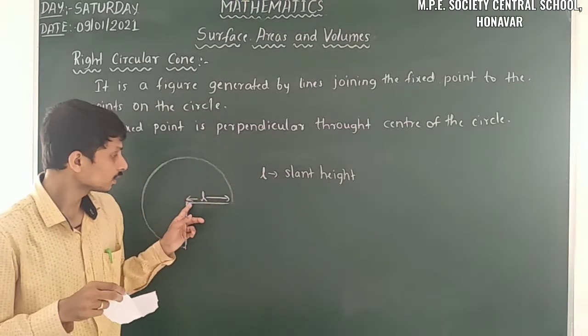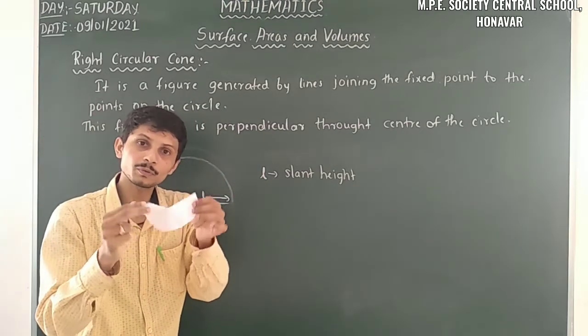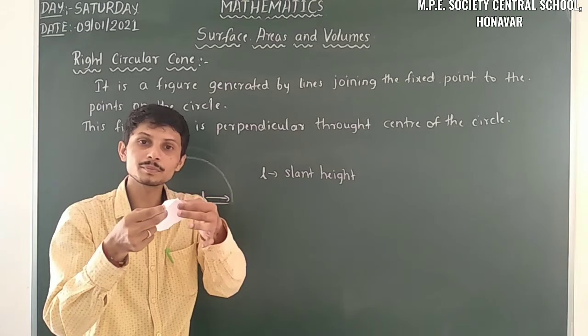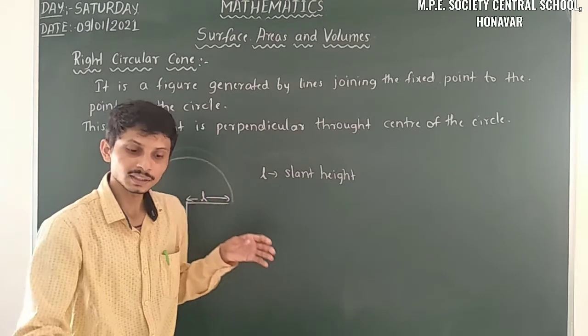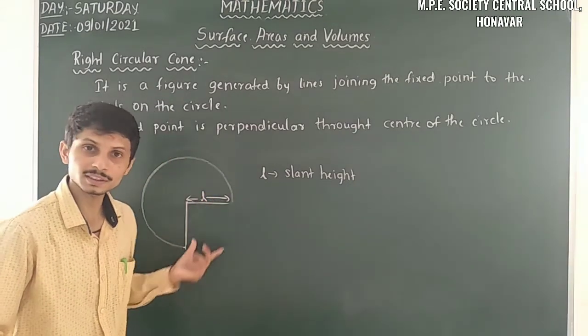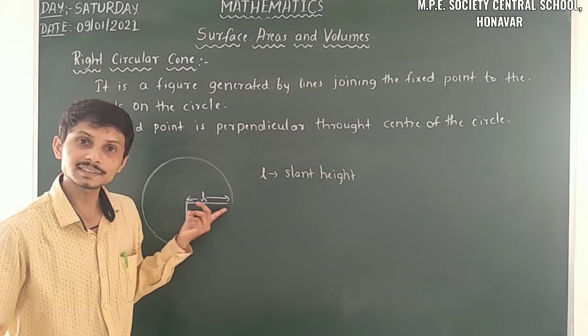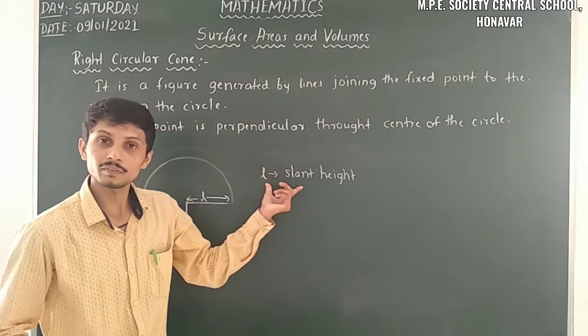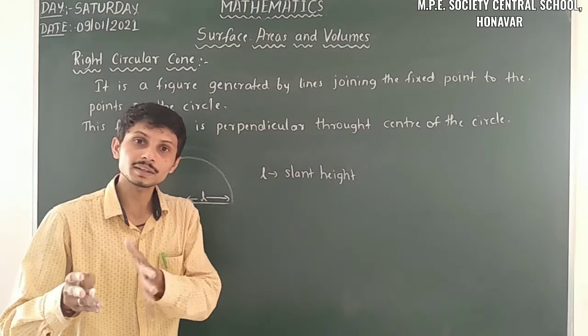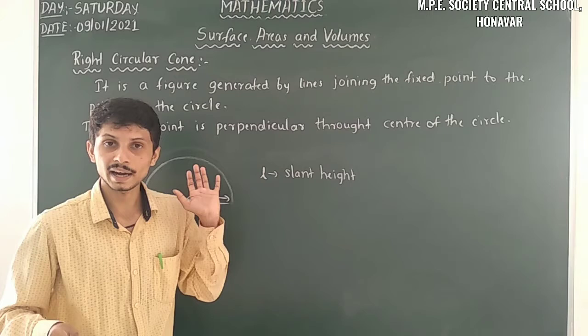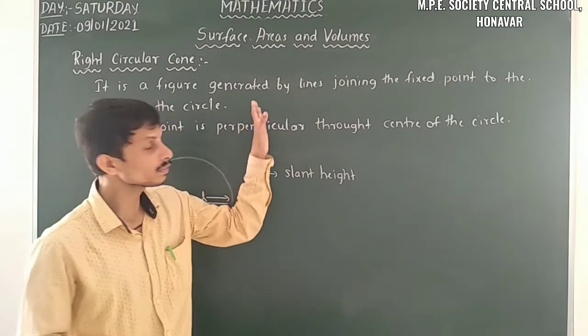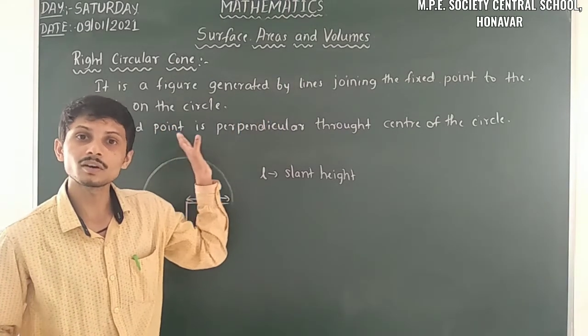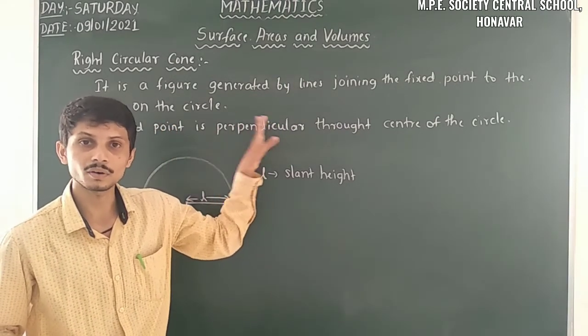Before it is a radius, after that it becomes a slant height. So just according to our definition, we can construct our cone.